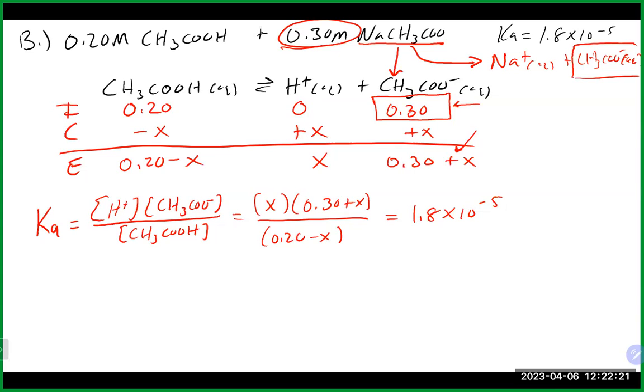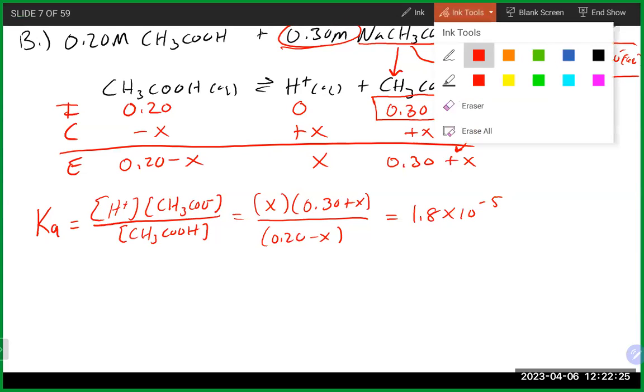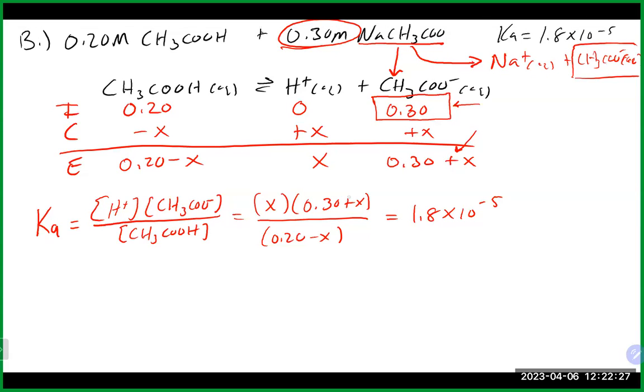We are once again going to assume that X is equal to 0. And that would reduce this down to X times 0.3 divided by 0.2 equals 1.8 times 10 to the minus 5.